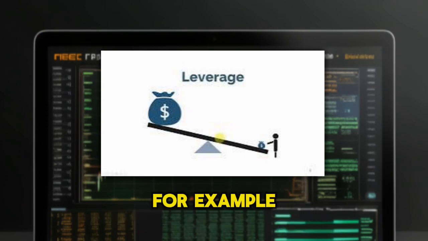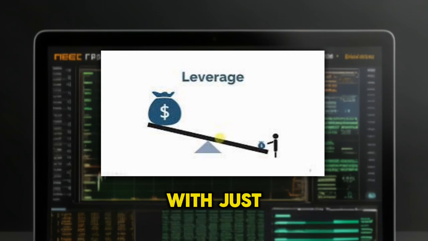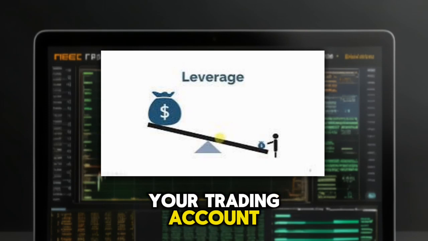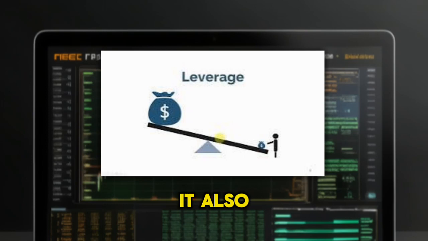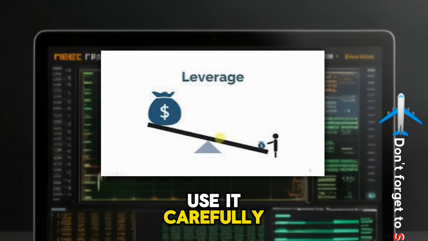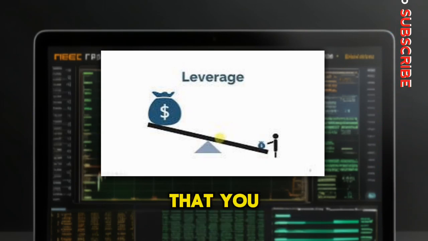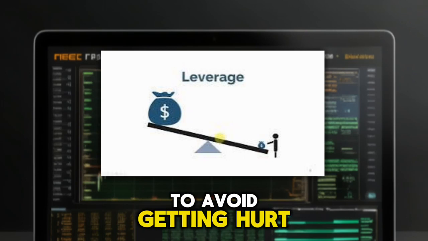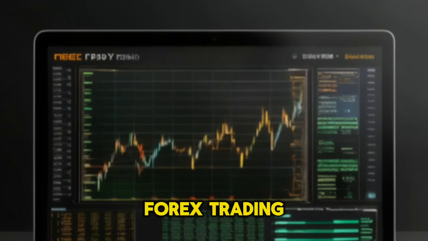For example, with a leverage of 100 to 1, you can control $100,000 worth of currency with just $1,000 in your trading account. While leverage can amplify your potential profits, it also magnifies your potential losses, so it's important to use it carefully. So, it's like having a powerful tool that you need to use carefully to avoid getting hurt. Always remember to manage your risk wisely when using leverage in Forex trading.